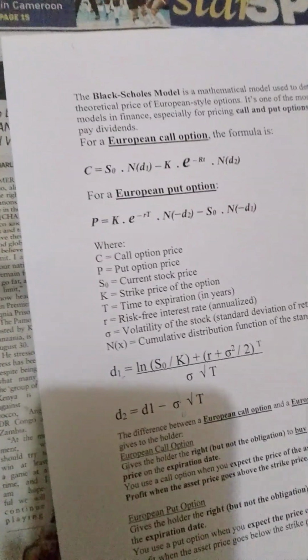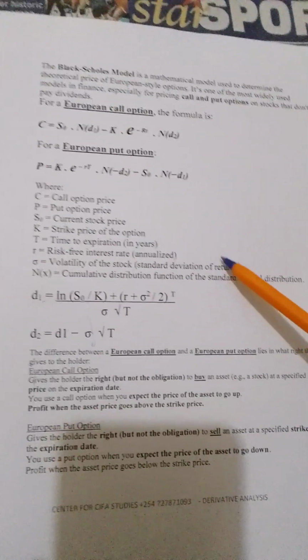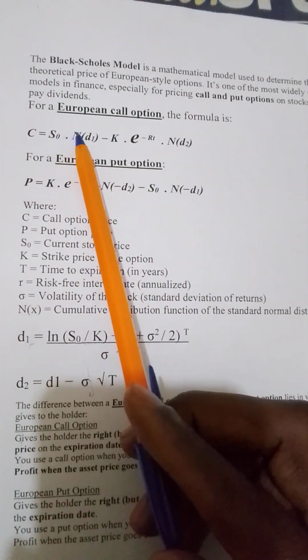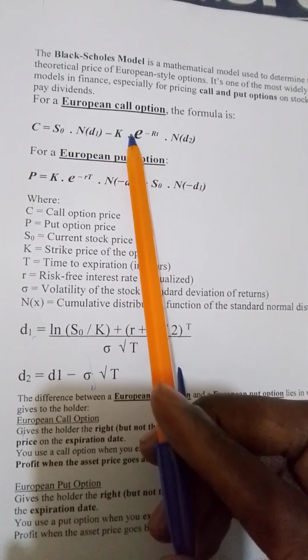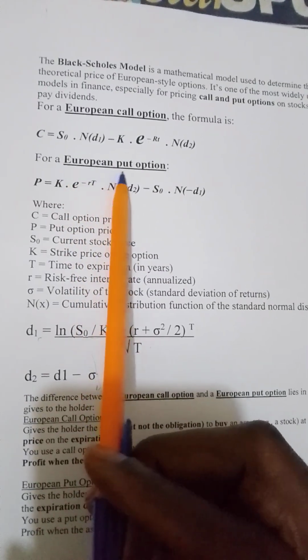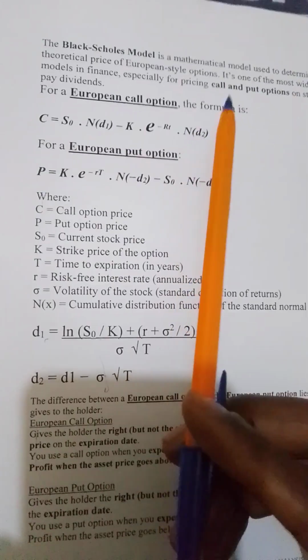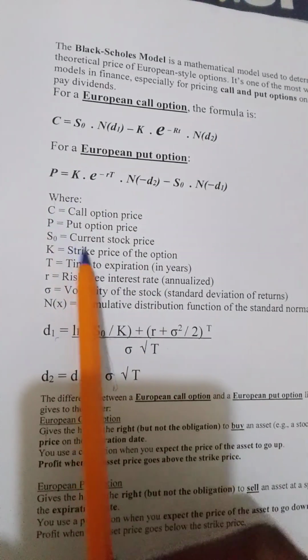I repeat that as far as the Black-Scholes model is concerned, we are supposed to understand 3 formulas, very important here: how to calculate the call option price, and how to calculate the put option price.